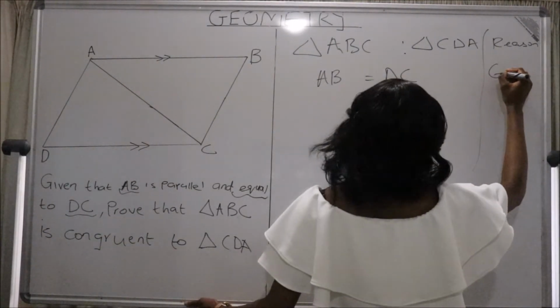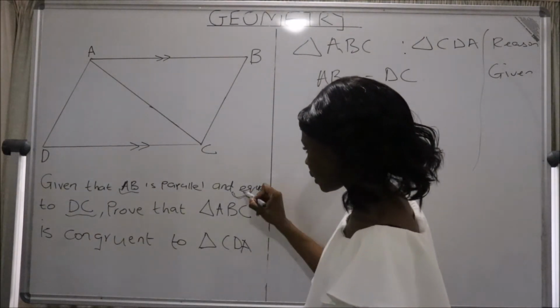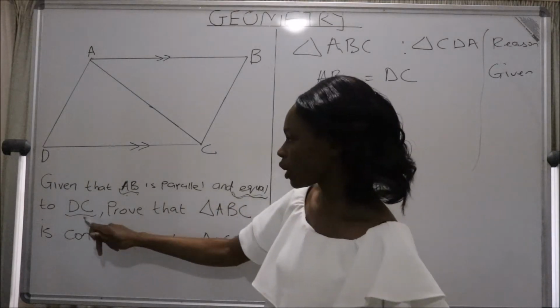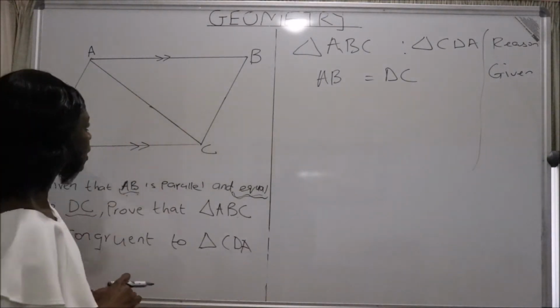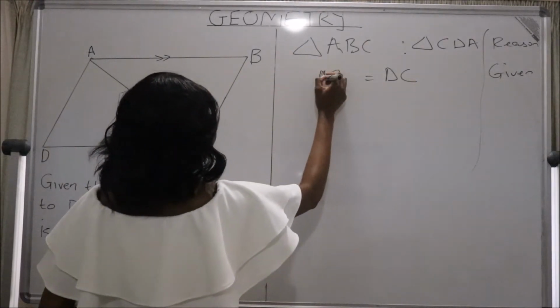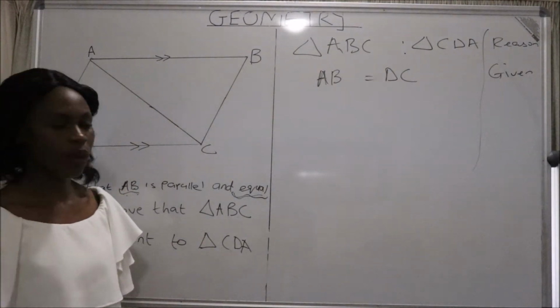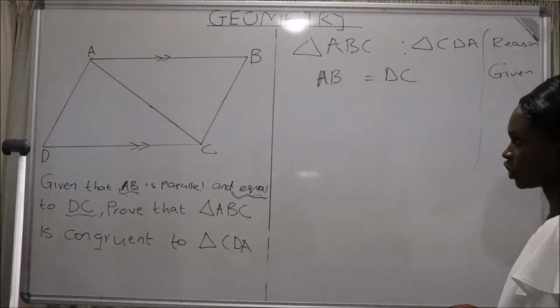Remember, we were told that AB is parallel and also equal to DC. That means that the lengths are also equal. Then the second thing that we must do, now that we have proven that the lengths are equal, is to prove other angles or lengths that are equal, and give reasons why we say that the two triangles are congruent to each other.